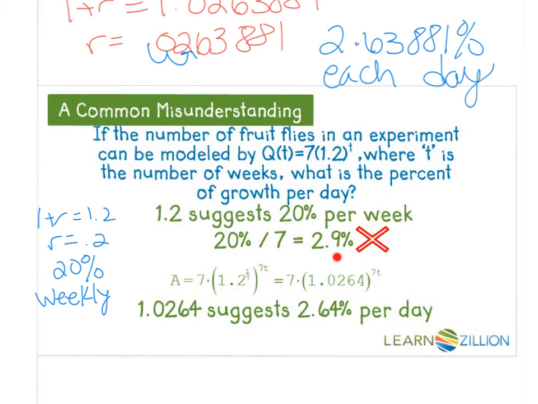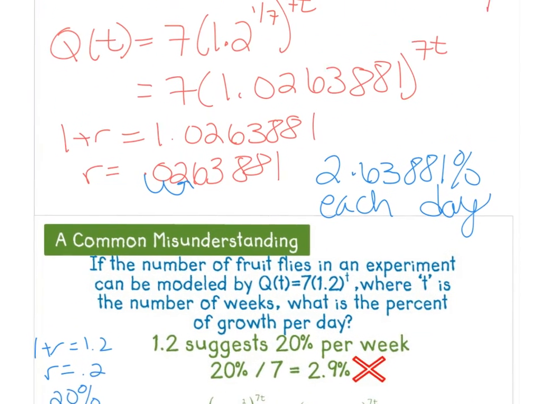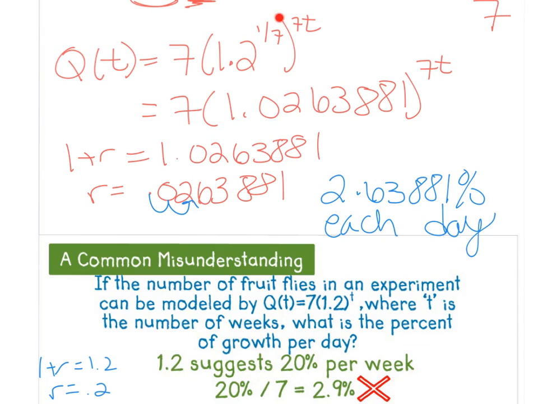Well, 2.9 is not the same as 2.63881, or they rounded to 2.64. So this is a big no-no. It's the big red X. Do not do that. You have to convert the entire equation by using a property of exponents, the fraction with your number, and then the whole number with the exponent.